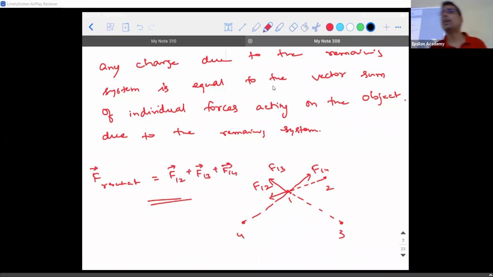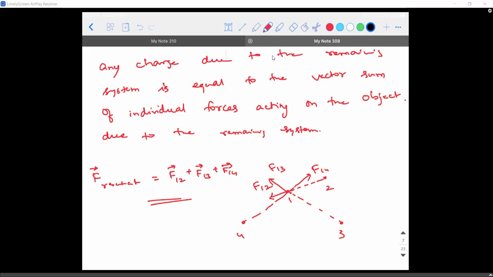This is the mathematical expression for the principle of superposition. Clear, guys? Students on the other side? Yes, sir. Clear, sir.